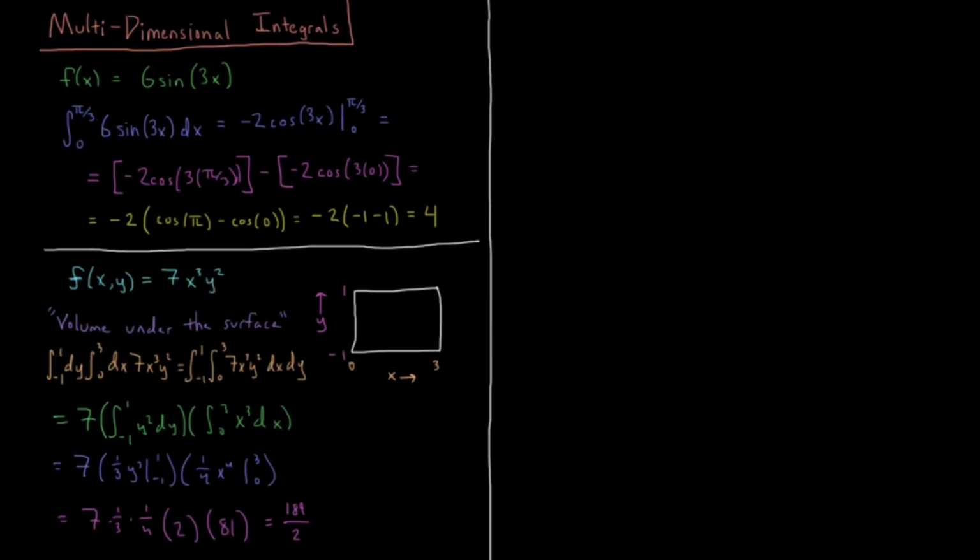So that's one way to do a multidimensional integral. Another way would be the following, to not factor them out. Let's say I want the integral from 0 to pi in y and in x of sine x sine y dx dy. All right, so I'm going to do the x part first, I suppose.